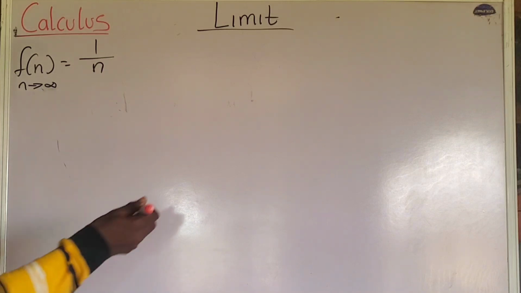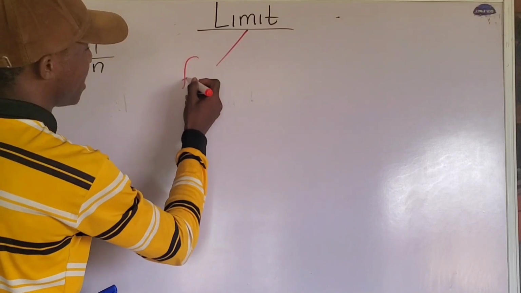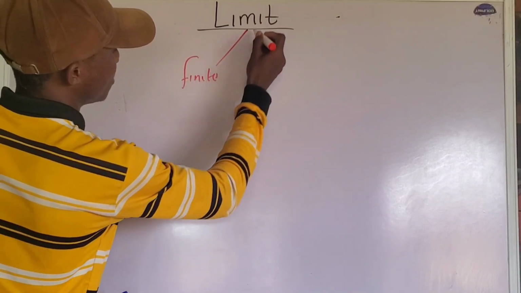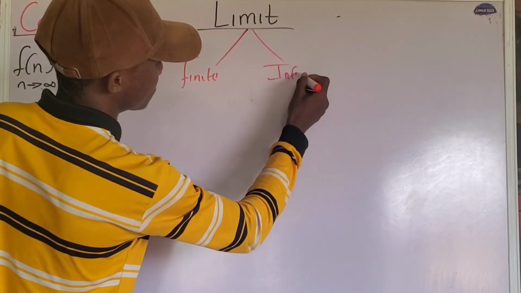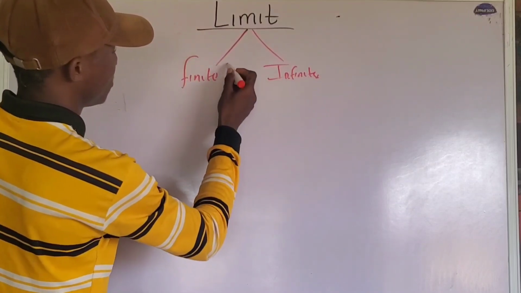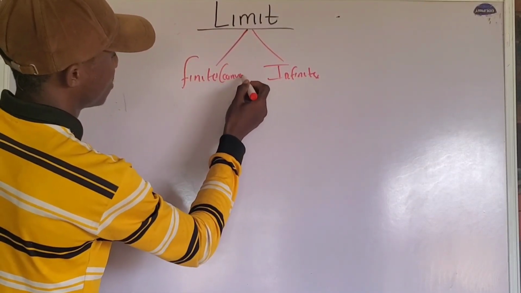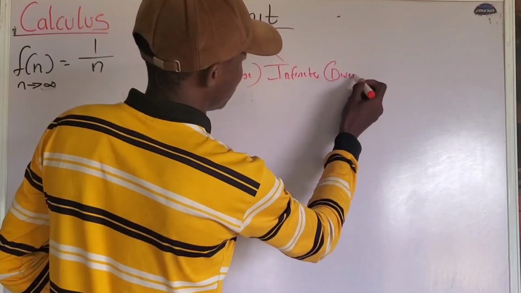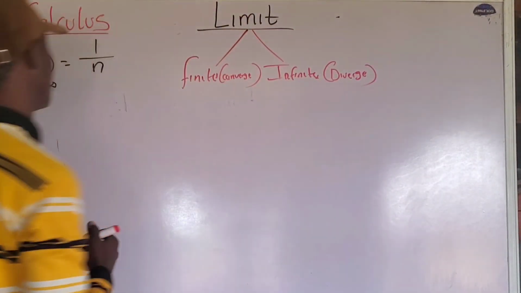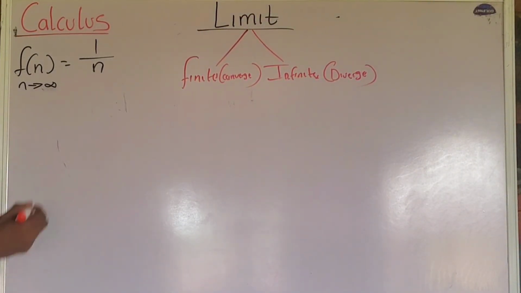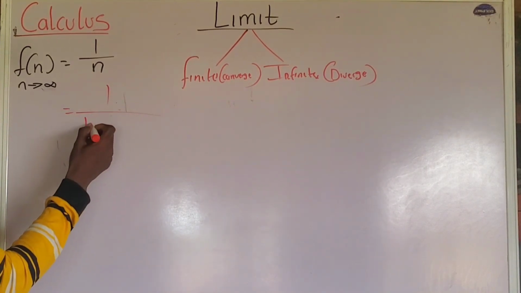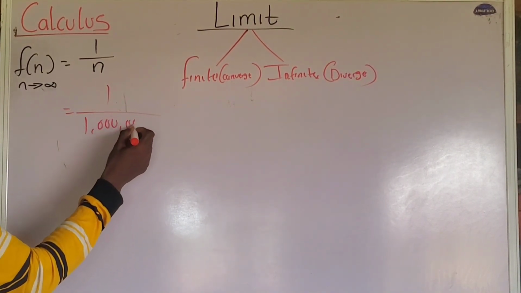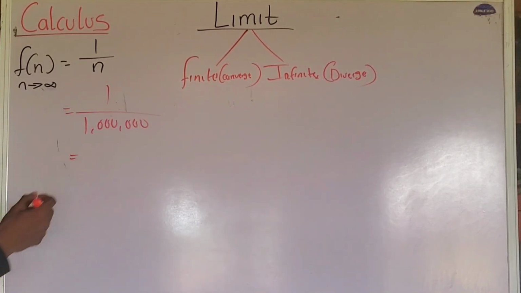Okay, listen. We have finite and infinite. Now if you substitute the value of n as 1 over, let's say 1 million, you will discover that you're going to have 0 point something.